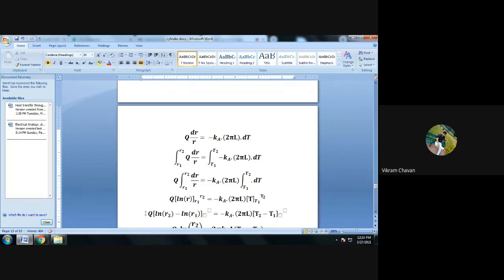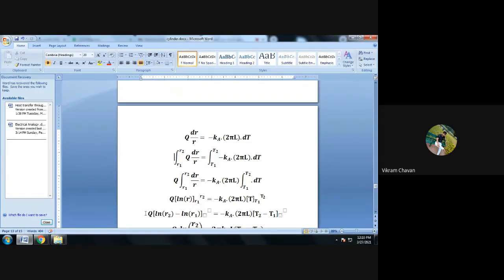Whatever derivation we took for the hollow cylinder heat transfer, the same derivation we have followed here to find the heat transfer in one single cylinder.